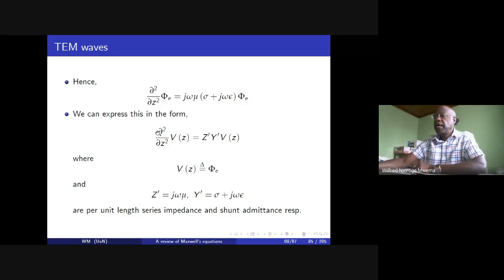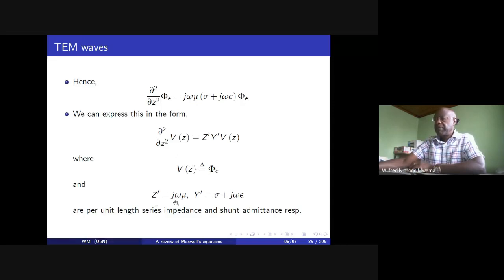So we can express this in the form d squared/dz squared of v(z) equal to z prime y prime v(z), where v(z), the voltage wave in the axial direction, is equal by definition to phi_E. We are saying that phi_E is v(z).